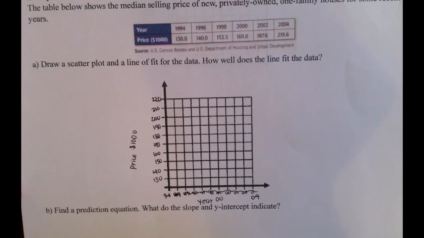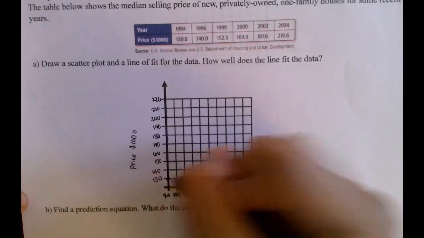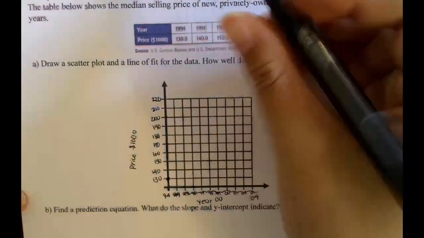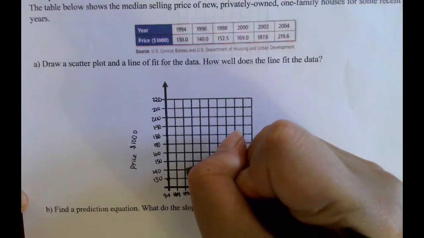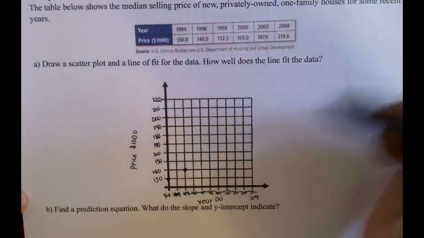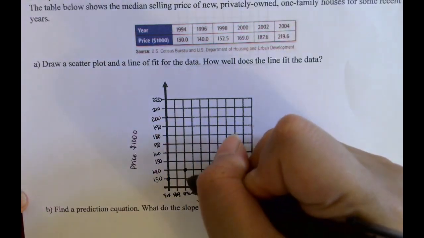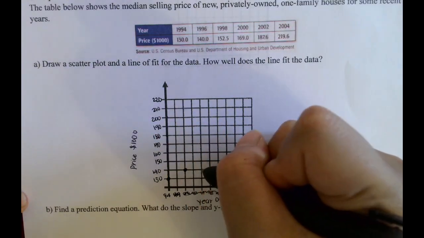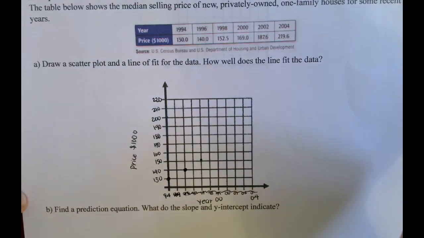Okay, then I'm going to graph. So 94 is at 130, so that's about here. Then 96 is 140, so that's about here. 98 is 152.5, so that's about maybe here or so.